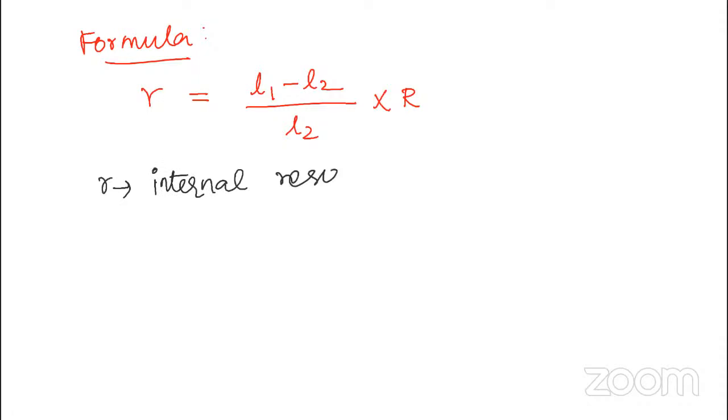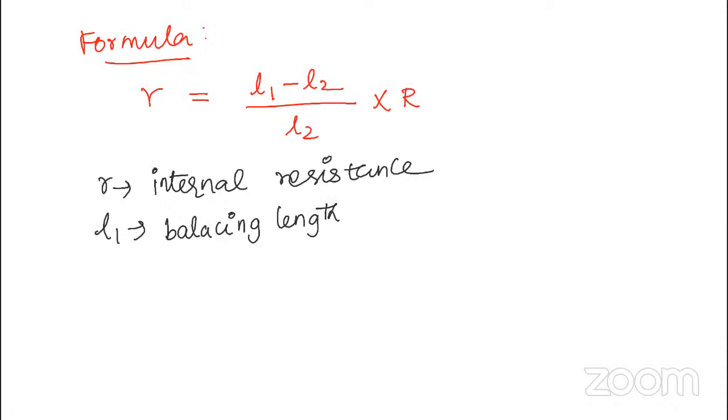The internal resistance r is equal to (L1 minus L2) divided by L2, into R. Here small r represents the internal resistance, and L1 is the balancing length in open circuit, and L2 is the balancing length in closed circuit.